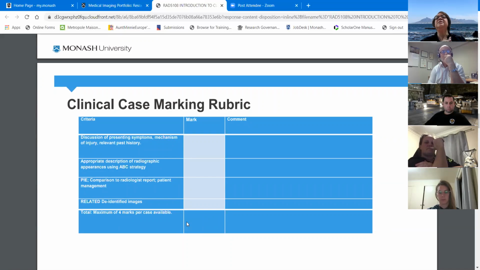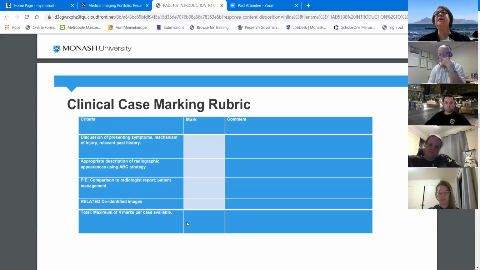So the main thing with your preliminary image evaluation is to answer the clinical question and relate that part to the radiologist's report, because quite often they will add much more detail than is expected from you. And then if you include images, all of those images have to be de-identified.